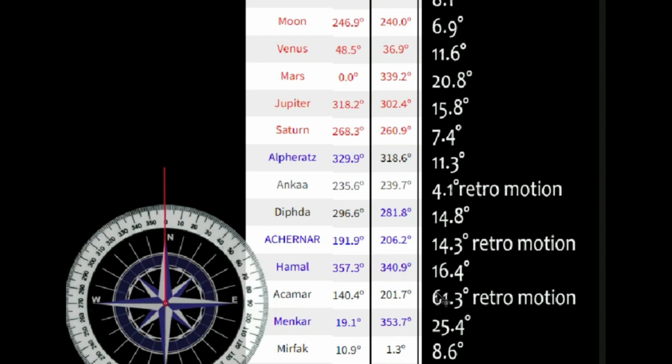When you translate azimuth to globe rotation, it was 15 degrees an hour. So this is 60 degrees an hour in the opposite direction. Here 14, here 4.1. Even your star, you observed it 14.3 in a retro motion.